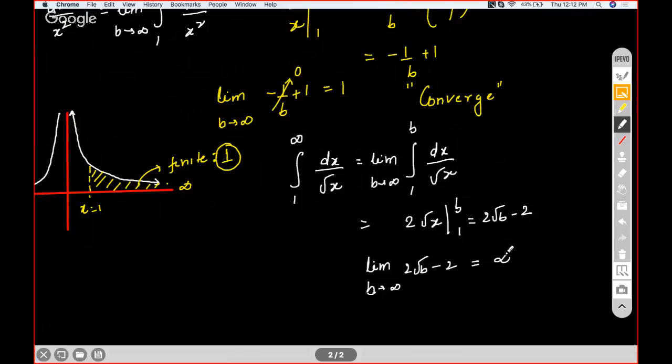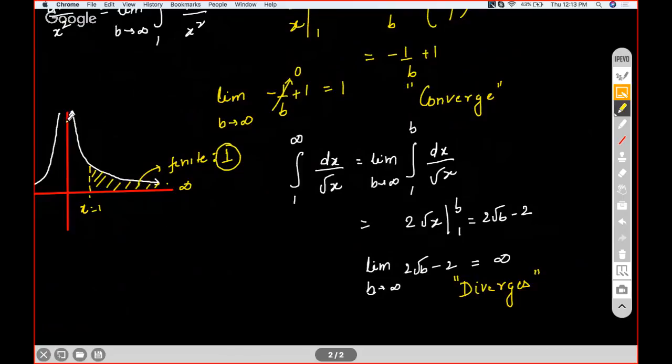You have to get an infinite answer. That means this function does not converge, it diverges. That means the area is not finite as b tends to infinity. Are you getting it?